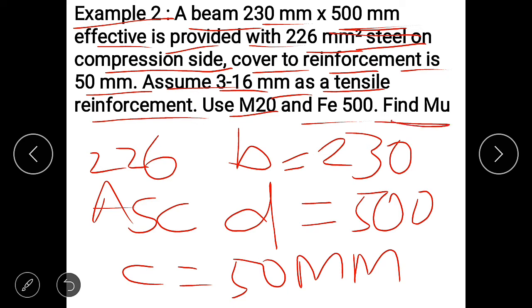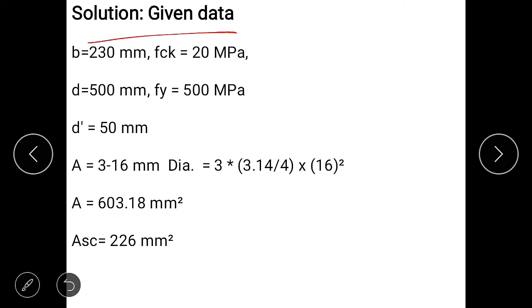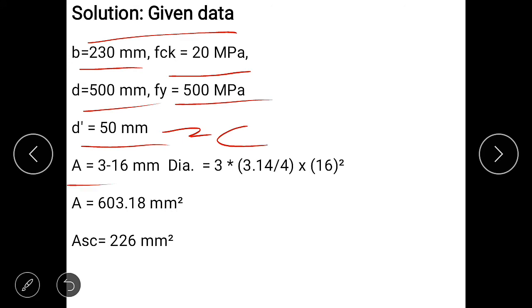Here we have to calculate Mu, moment of resistance. Given data: b is 230 mm, fck is 20 MPa, D is 500 mm effective depth, fy is 500 MPa, means grade of steel is 500, d dash means cover is 50 mm.